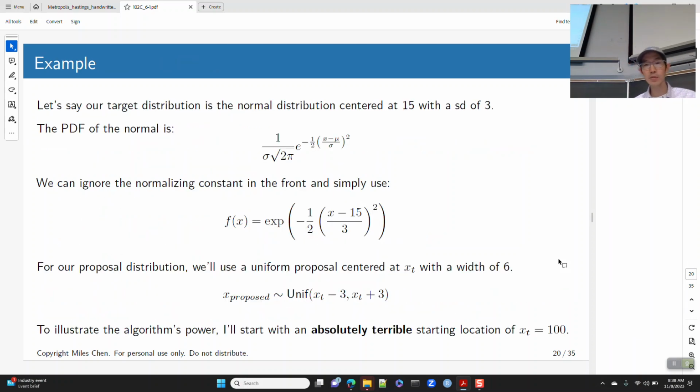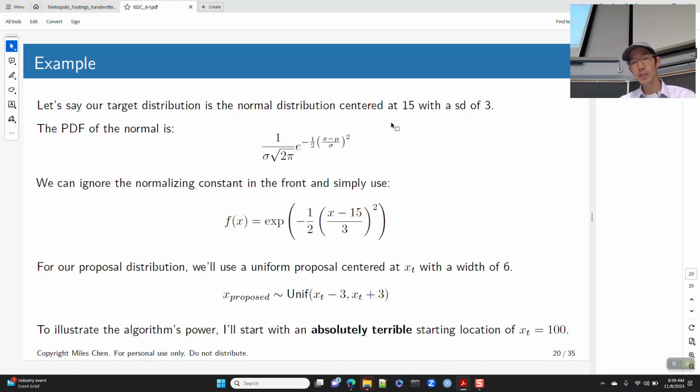Okay, so this is a silly example, but let's say the target distribution that we want to generate values from is going to be a normal distribution centered at 15 with a standard deviation of 3. So the PDF is going to be 1 over sigma root 2 pi e to the negative 1/2 x minus mu over sigma quantity squared.